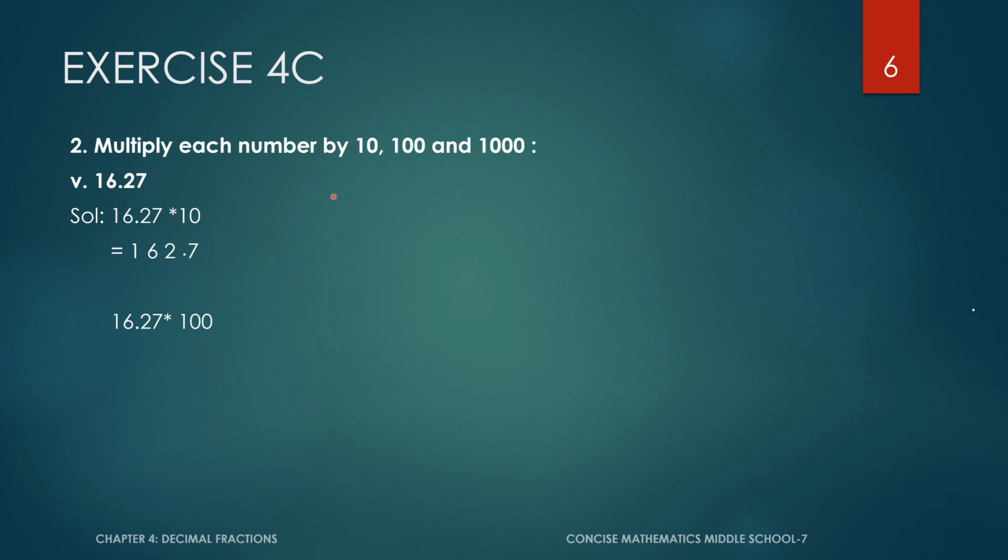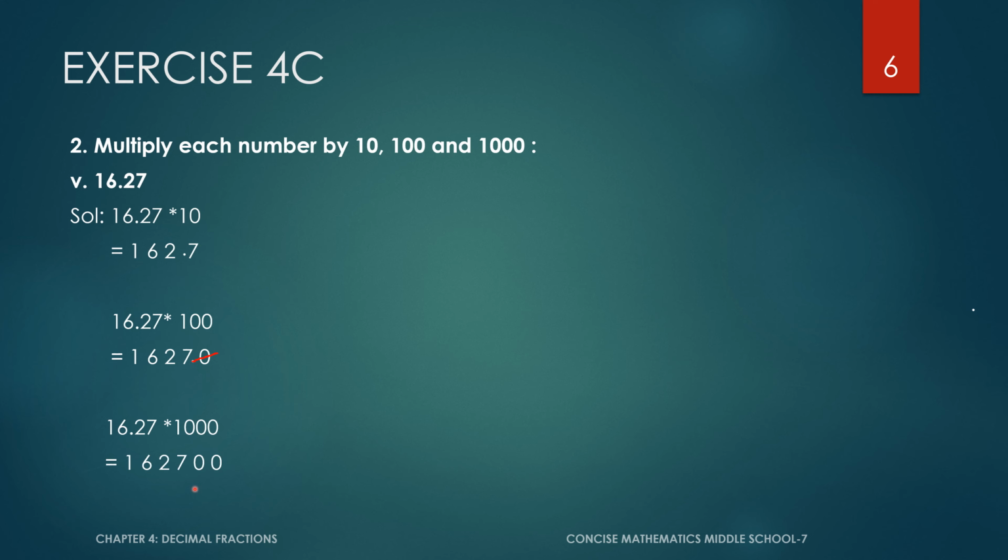Again multiply the same number with 100. For 100 you are having two zeros. So move the point two times towards the right side. So it becomes 1627.0. Because after point it is 0, you can just neglect it and the answer becomes 1627. Similarly, multiplying with 1000.